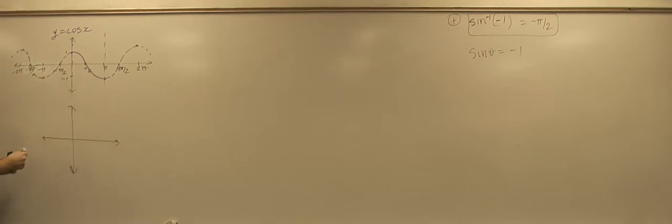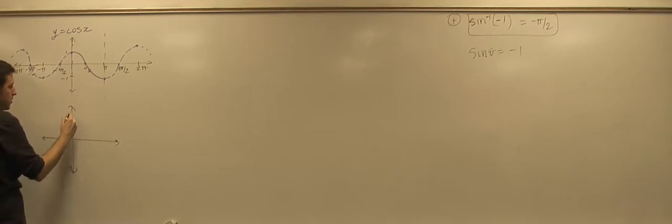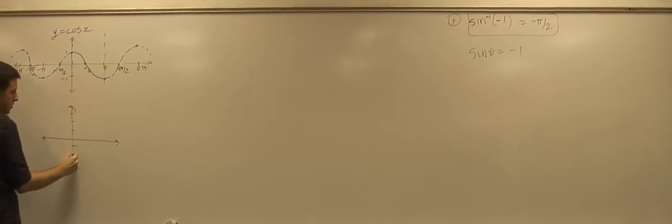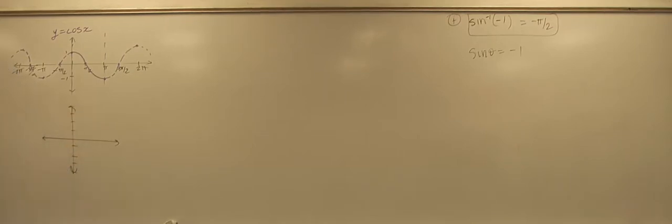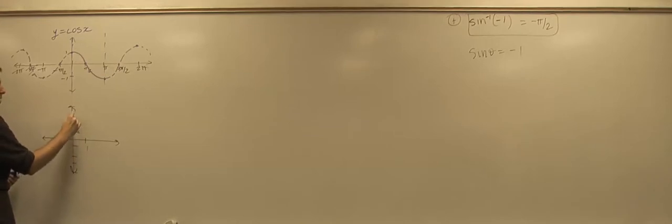So basically what that's going to do, so you have a picture in your head here. Negative 1, 1, pi over 2, pi, 3 pi over 2, 2 pi.